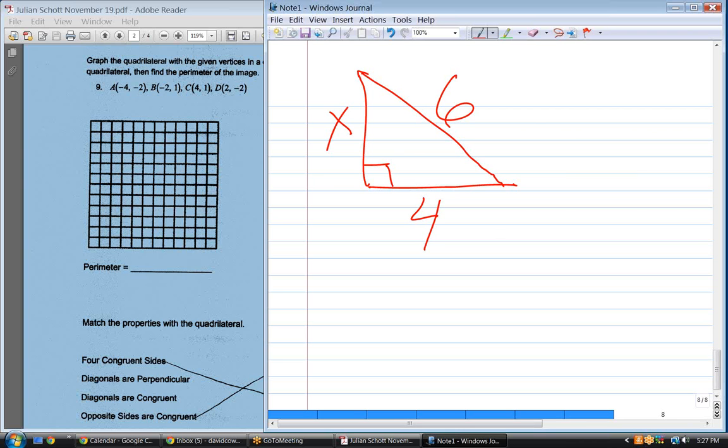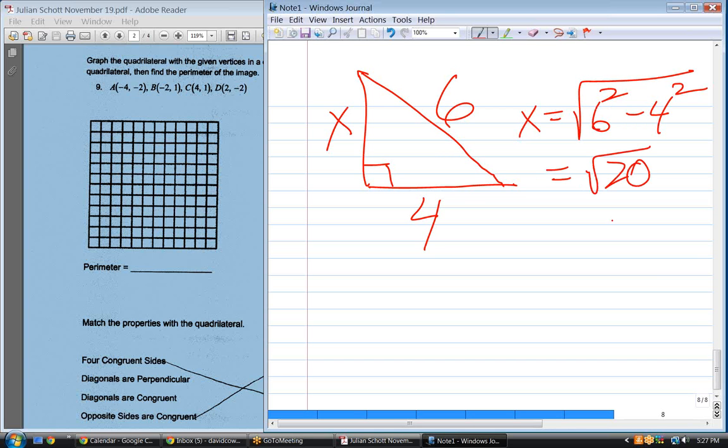So x equals the square root of 6 squared minus 4 squared. It's 36 minus 16, that's the square root of 20. Simplify that. In other words, it's an irrational number, because it's not a perfect square.